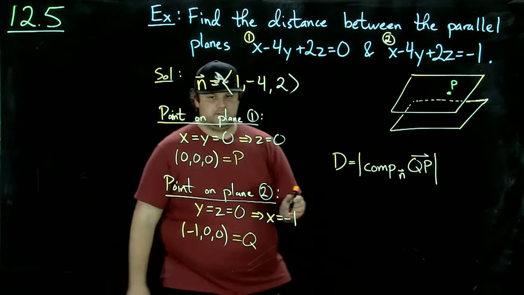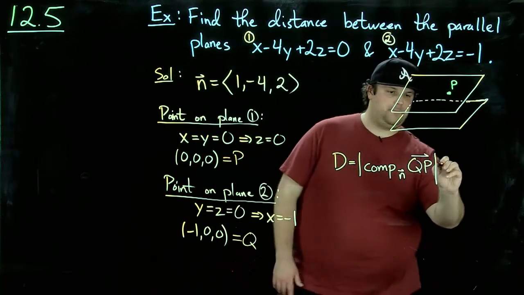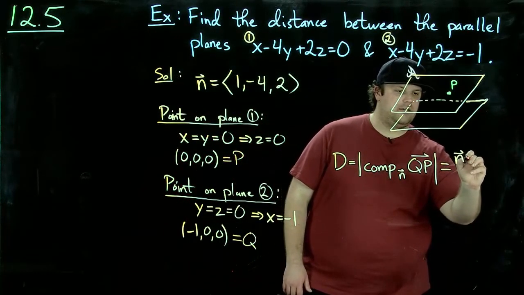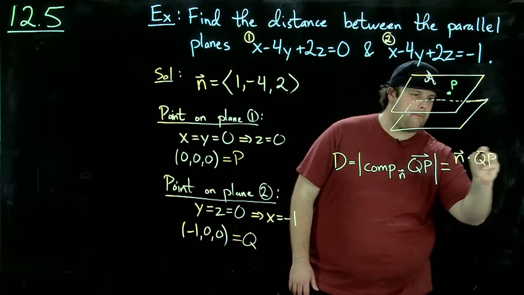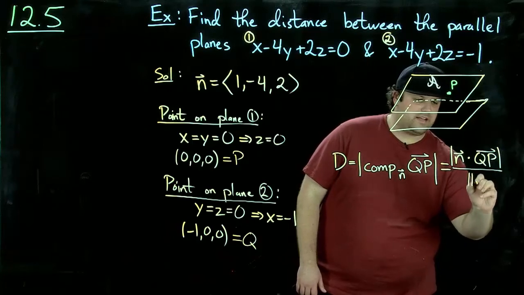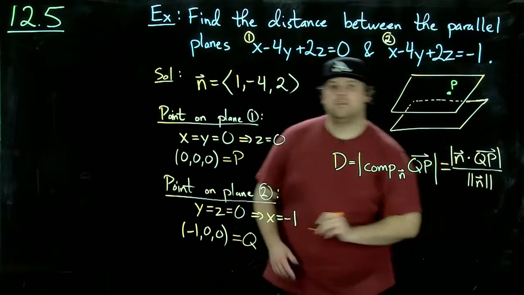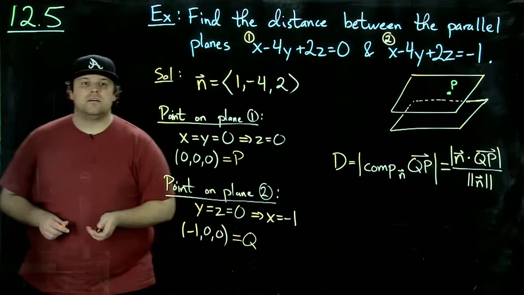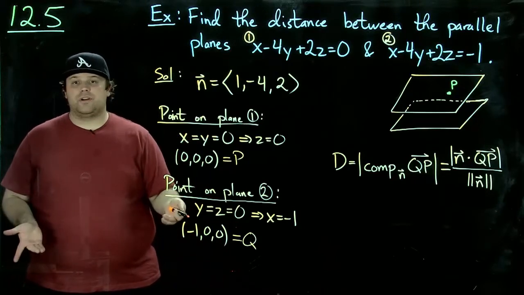Which is just, let's write it here, the absolute value of n dot QP, divided by the magnitude of n. Okay? So now we just have to write out what all this stuff is.